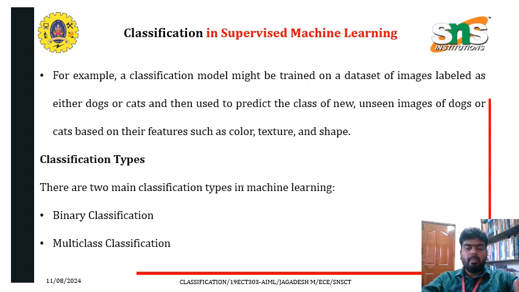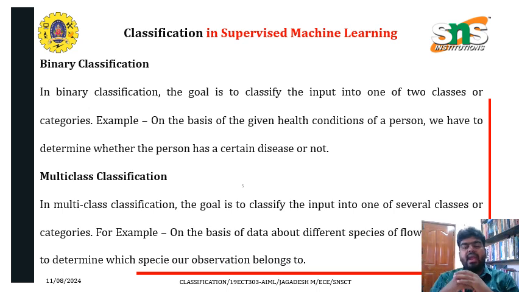So, classification types. There are two main classification types in machine learning: binary classification and multi-class classification. So what is binary classification? In binary classification, the goal is to classify the input into one of two classes or categories. For example, on the basis of the given health condition of a person, we have to determine whether the person has a certain disease or not.